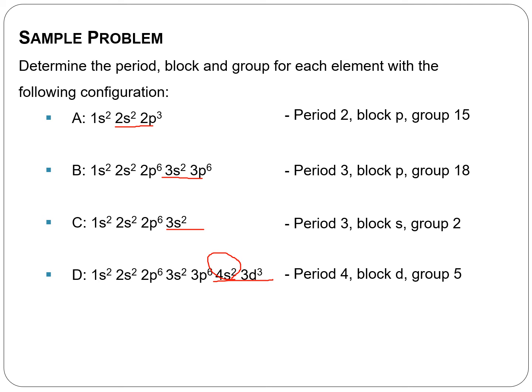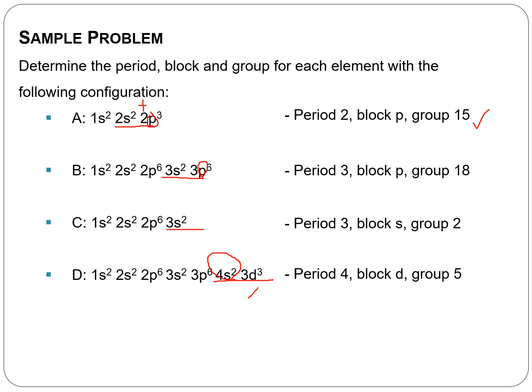Alright, so now period 2 and then which block? The block is block P. Which group? Okay, 2 plus 3 is equal to 5. So group 15. Okay, this is group 15. Alright. And then this one. Okay, block P as well.